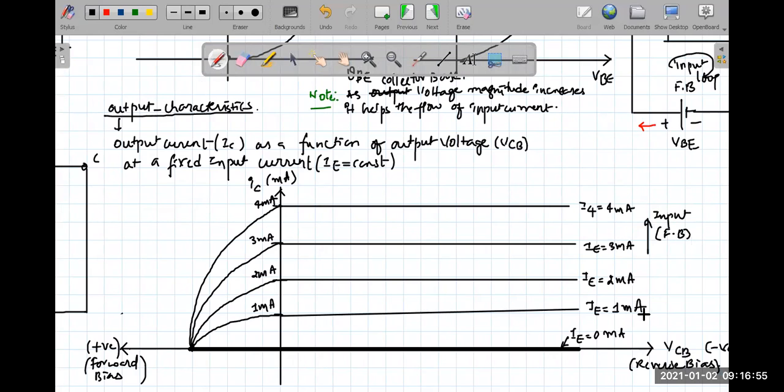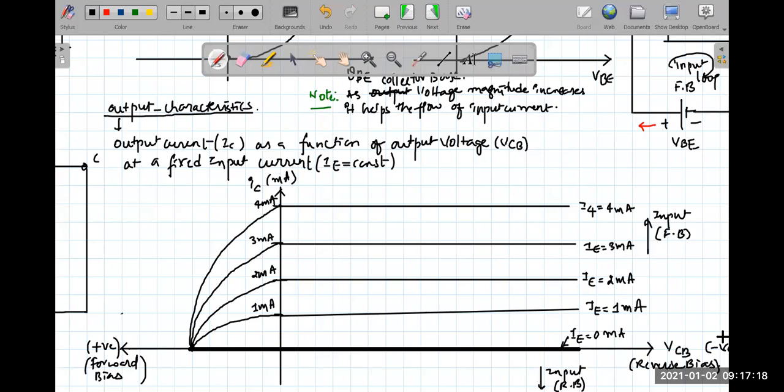So if you move down along this axis, what is happening? Input is reverse biased. Do you agree? Because the input current is zero, it is not conducting, meaning reverse bias. If the input is conducting, it is forward bias. So above, input is forward bias, below, input is reverse bias.